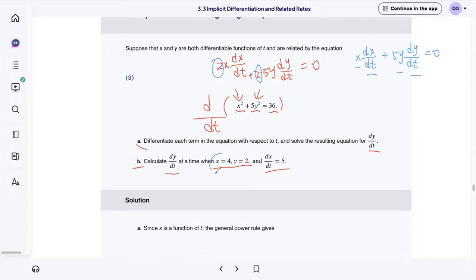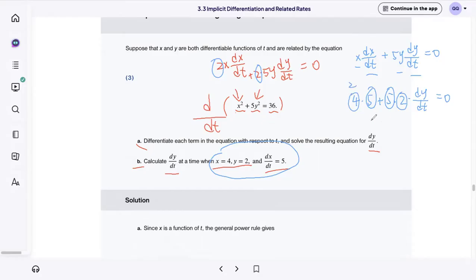So in this case, we're given x equals 4, dx/dt is 5, plus 5 times y as 2. We want to solve for dy/dt. So 4 times 5, well, we can divide by 5, right? Everyone has 5 as a factor, so we can divide by 5. And also, everyone has 2 as a factor.